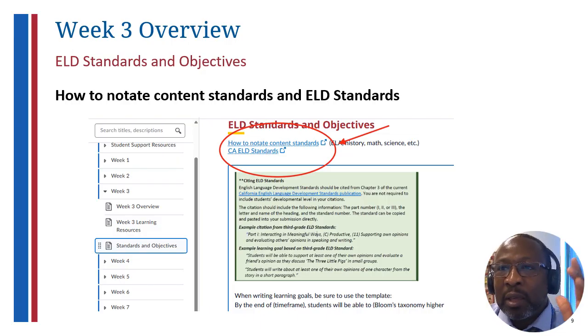For example, by the end of the week, or by the end of the lesson, students will be able to identify the major goals of the Lewis and Clark expedition as measured by the end of the unit test.